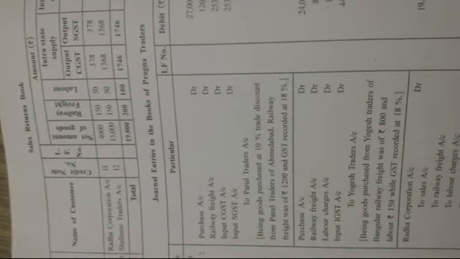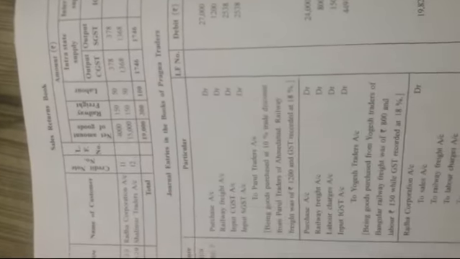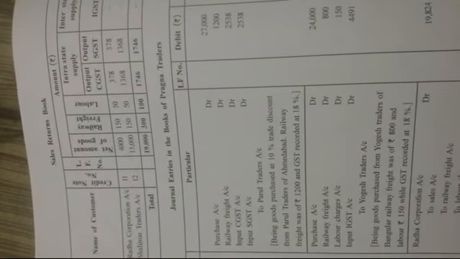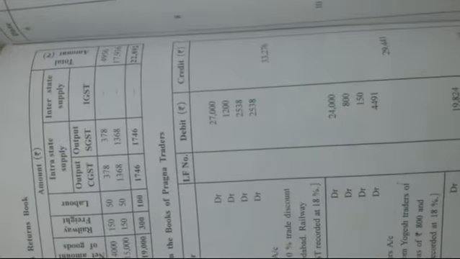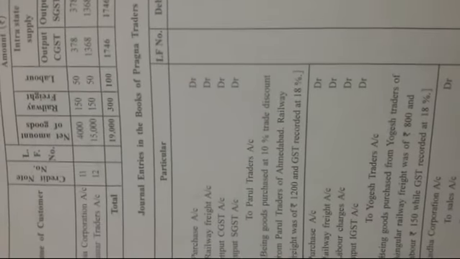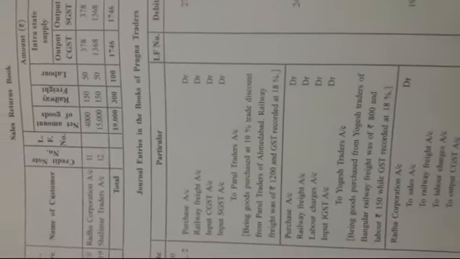If you calculate 9% on 4,000, you will get 360. Write it in both the columns, CGST as well as SGST. And at last, total all the amounts: 4,000 plus 150 plus 50 plus 378 plus 378, that would become 4,956. Got it? Okay.